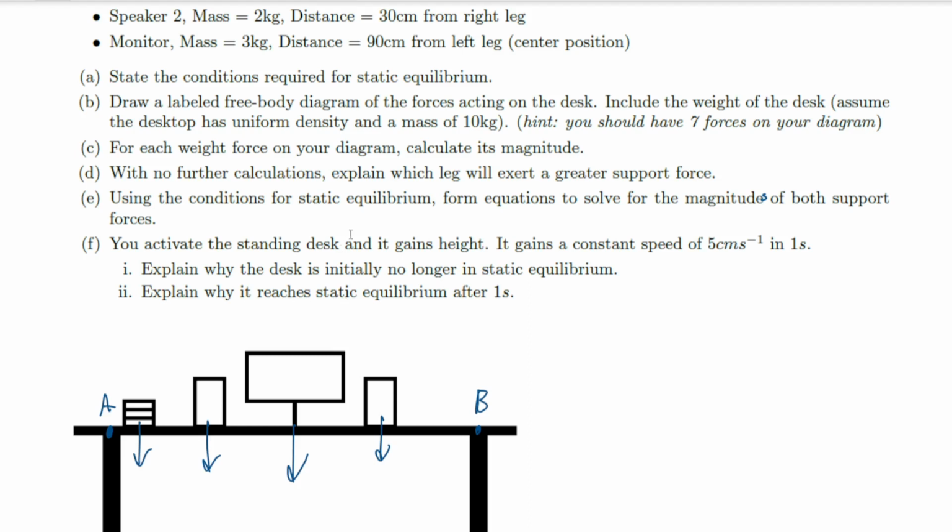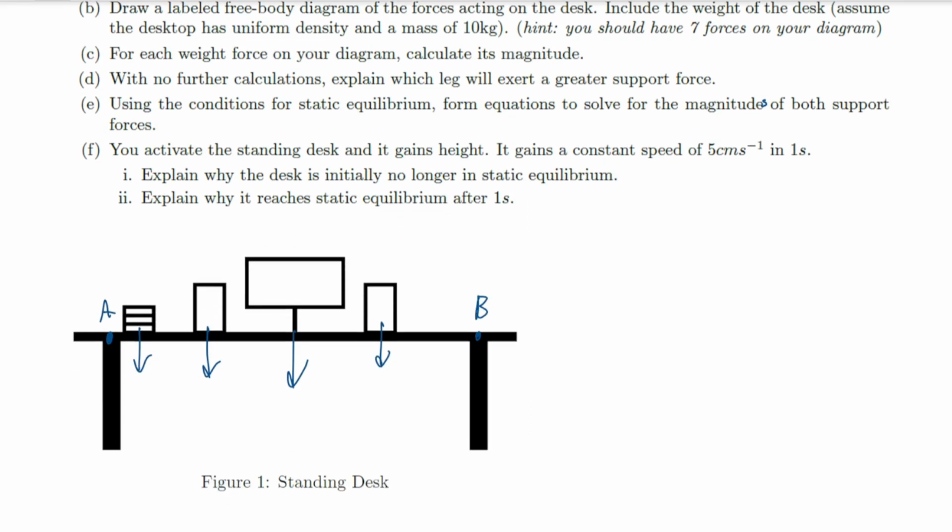So, static equilibrium. After 1 second, it is now traveling at a constant speed of 5 centimeters per second. And we know for an object, in this case a desk, to travel at a constant speed, the net force must be equal to 0. So let's write that.